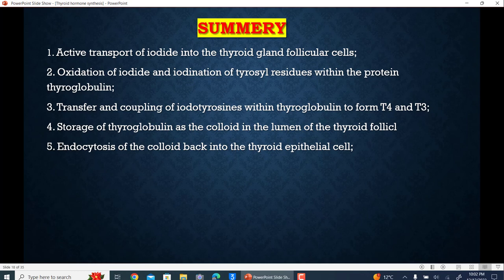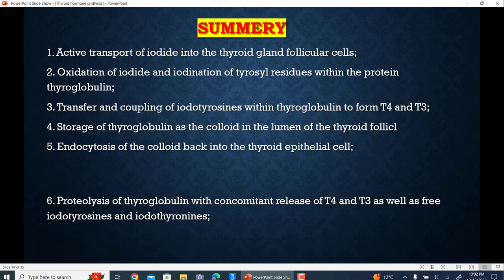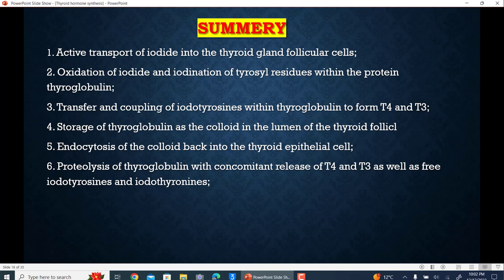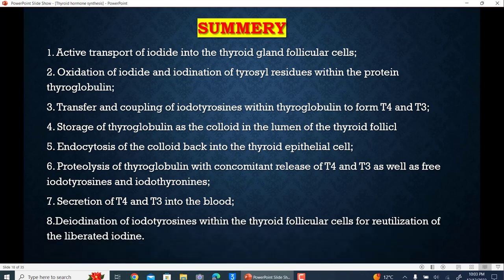Endocytosis of the colloid back into the thyroid epithelial cell. Proteolysis of thyroglobulin with concomitant release of T4 and T3 as well as the iodotyrosines and iodothyronines. Secretion of T4 and T3 into the blood, and deiodination of iodotyrosine within the thyroid follicle cell for reutilization of the liberated iodine.